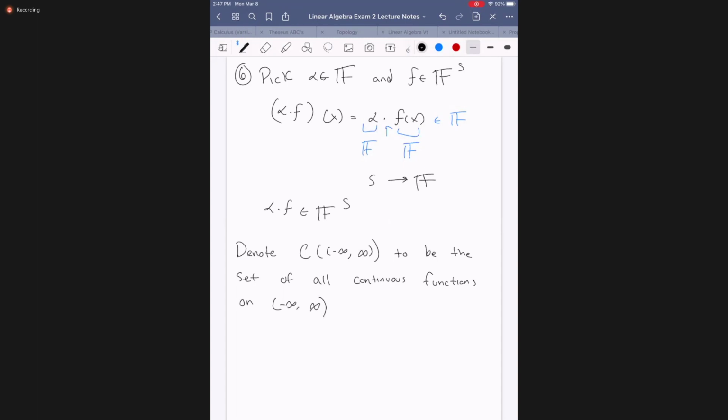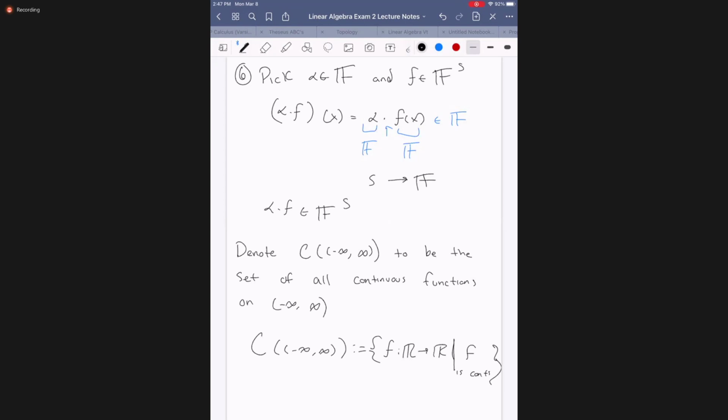In other words, C from negative infinity to infinity is equal to, you can just say, f from R to R such that f is continuous. So it's all the continuous functions that you can ever think of. I don't know, like x squared is in this set, sine is in this set, cosine is in this set, e to the x is in the set.